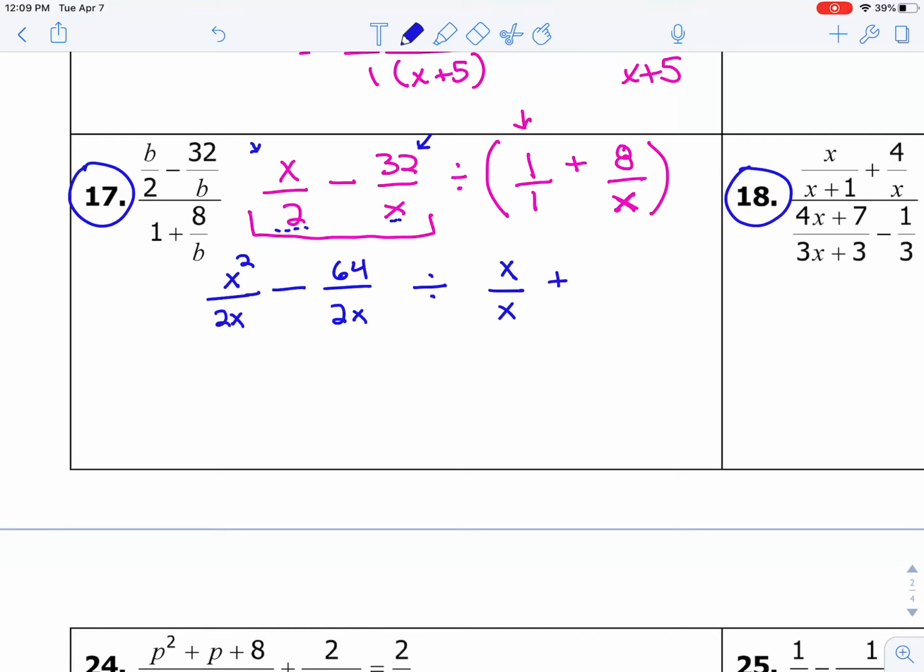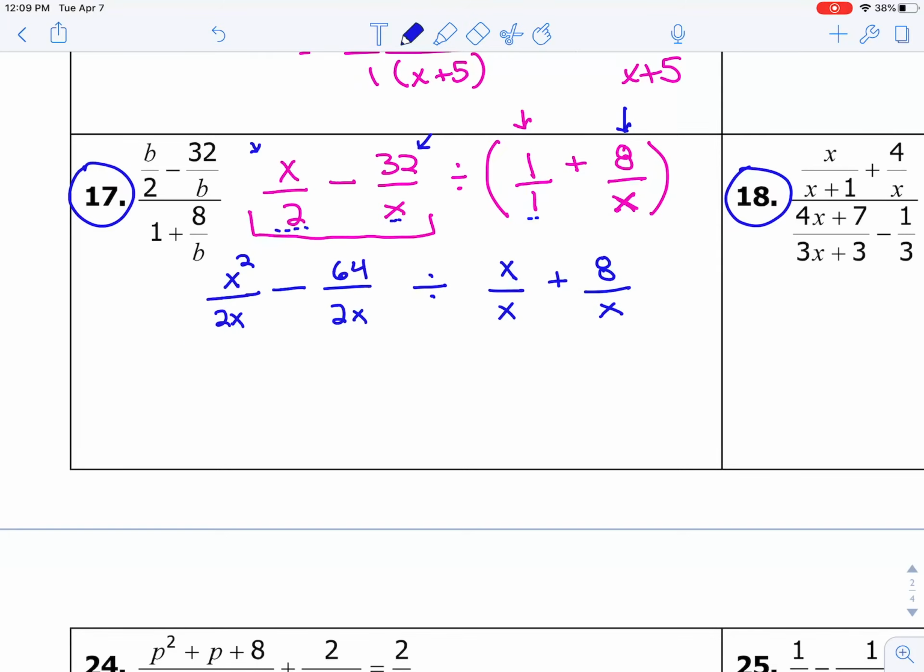And then I'm going to add, and I need to multiply this by this denominator, which is just 1. So that's going to be 8 over x. Now, each individual side has its own common denominator. They don't all need the same common denominator, because again, my goal is to figure out what this is, make the division multiplication, take the reciprocal of whatever this is, and multiply them together.